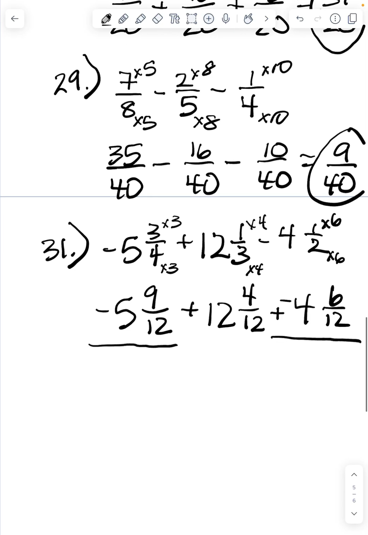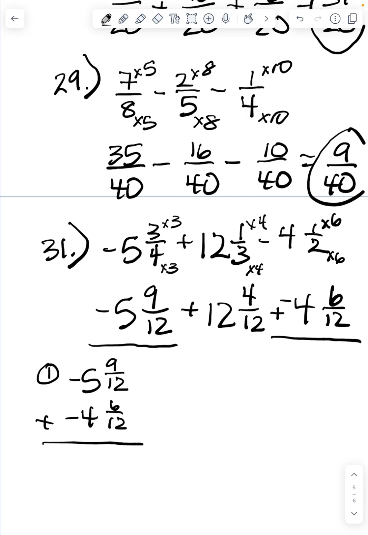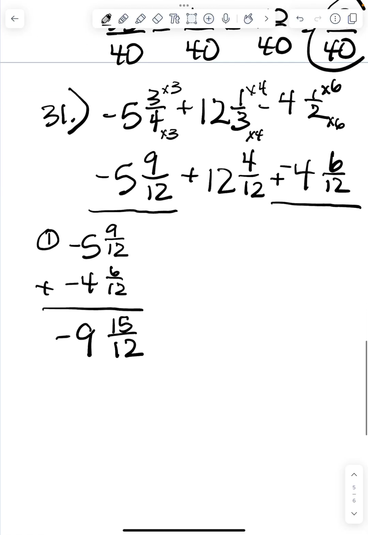So let me just give it a little numbering here. So first I'm going to do -5 and 9/12 and -4 and 6/12, and I'm adding these up. So that's going to be 15/12, -9 and 15/12.